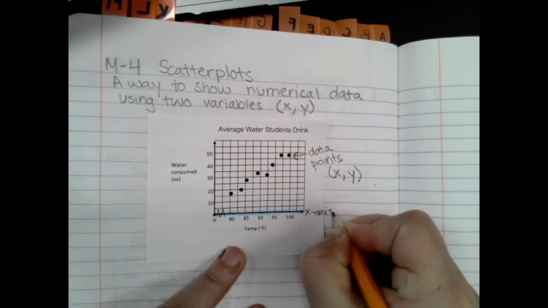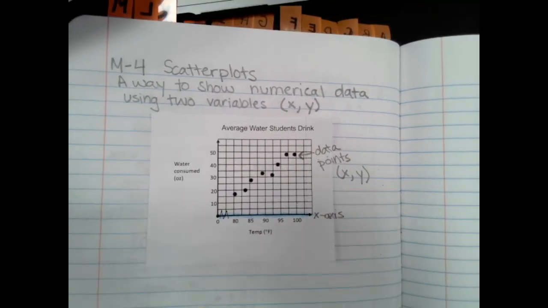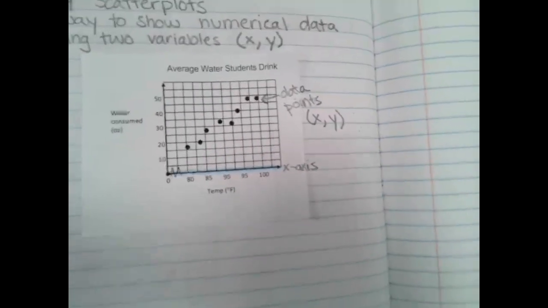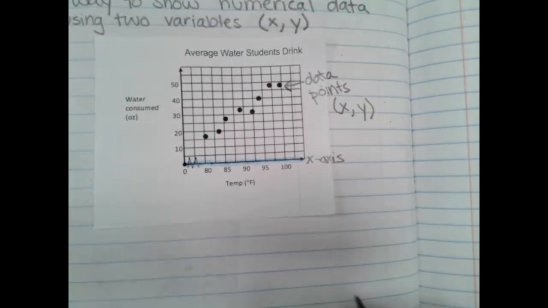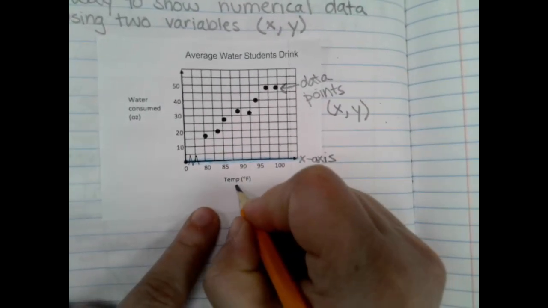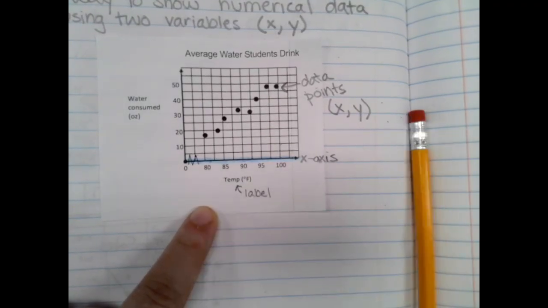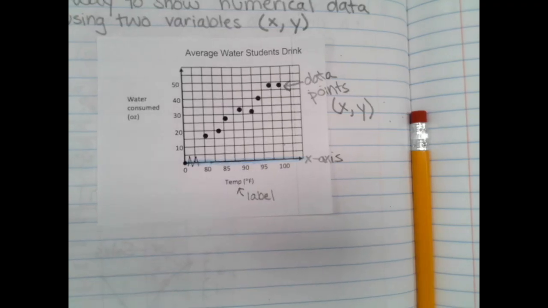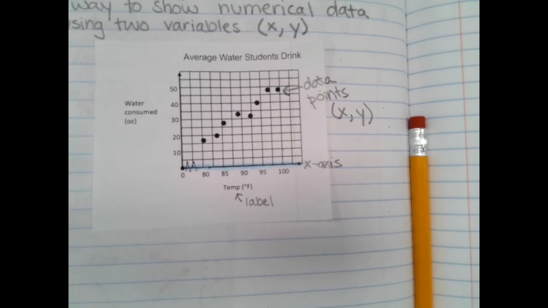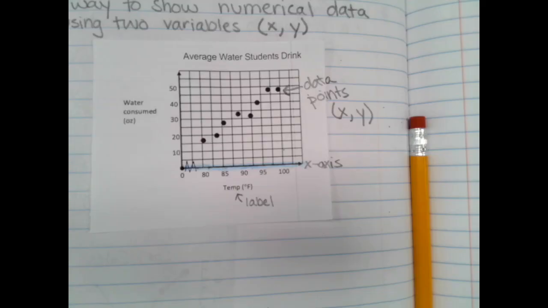So the actual line itself is the x-axis. The temperature is what we call a label. And it does have what we're measuring in. We're measuring in degrees Fahrenheit.